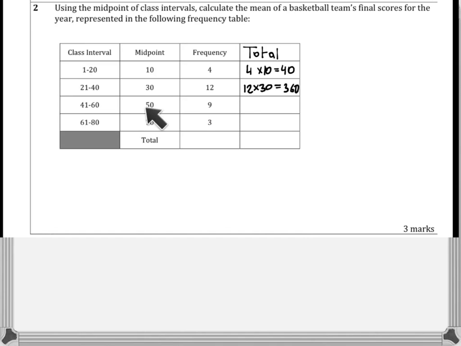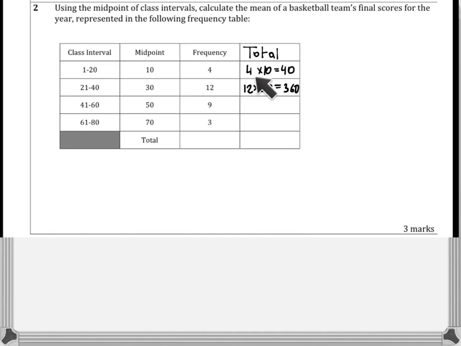Okay, and we use the midpoint value as a number to represent the group. So the first thing we have to do to get the mean is think about what we did before in the previous example. We have to add up all the data values to get a total.